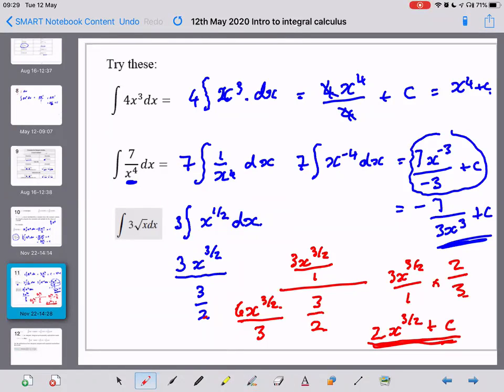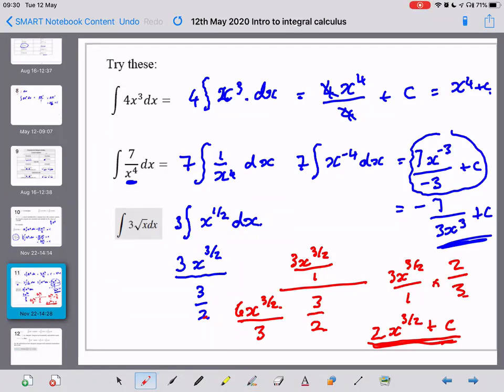So you can see the importance of understanding these laws of indices here, because we have to change the square roots into indices form. We have to get fractional indices up to the top line by changing the sign and so on.